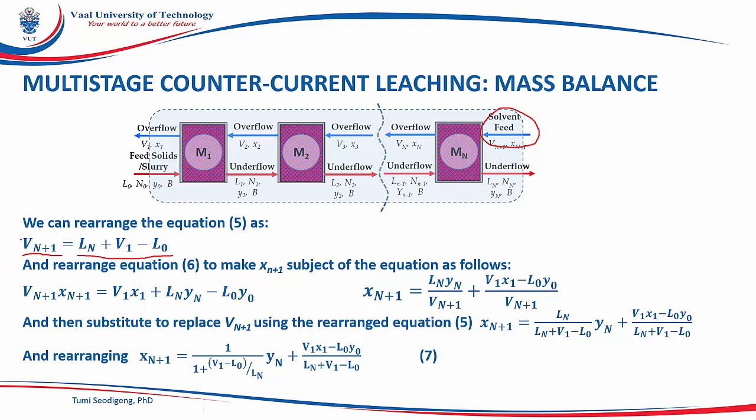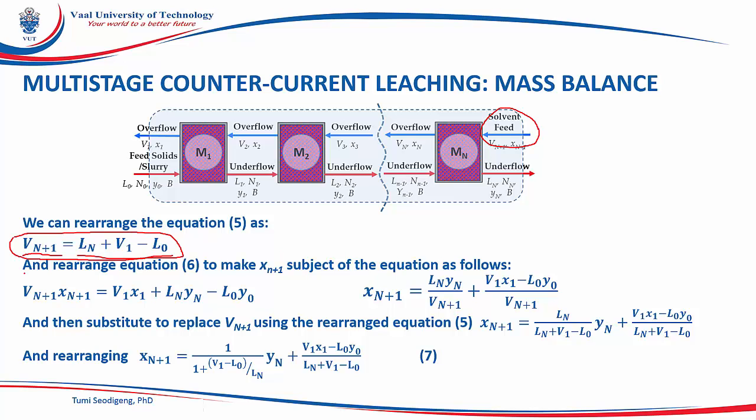Once again, let me reiterate, this balance is done on the solution. We are not yet considering the solids. We are only looking at the solvent and the solute. We are looking at A and C.